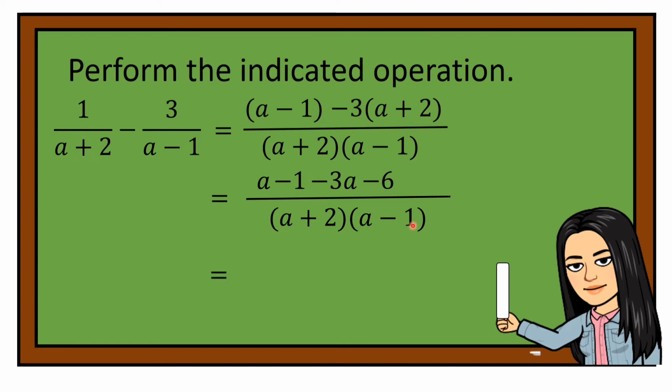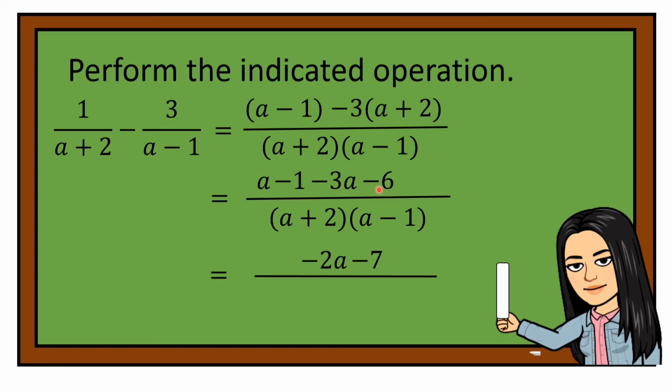So next, we have to combine similar terms in our numerator. So a and negative 3a, that would be equal to negative 2a. So a minus 3a is equal to negative 2a. And then next, negative 1 minus 6 is equal to negative 7.